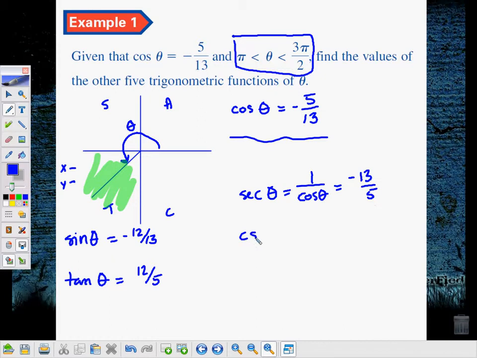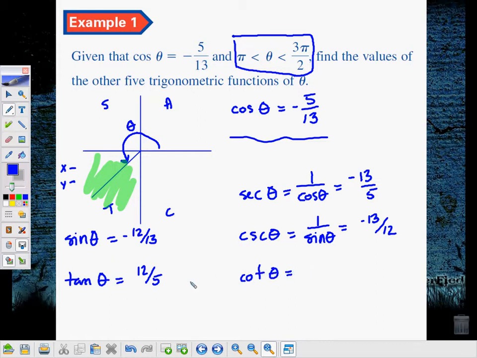Okay, cosecant. Well, that's the reciprocal of the sine of theta. So that gives me 1 over the sine of theta. So that's negative 13/12. And then finally, cotangent.